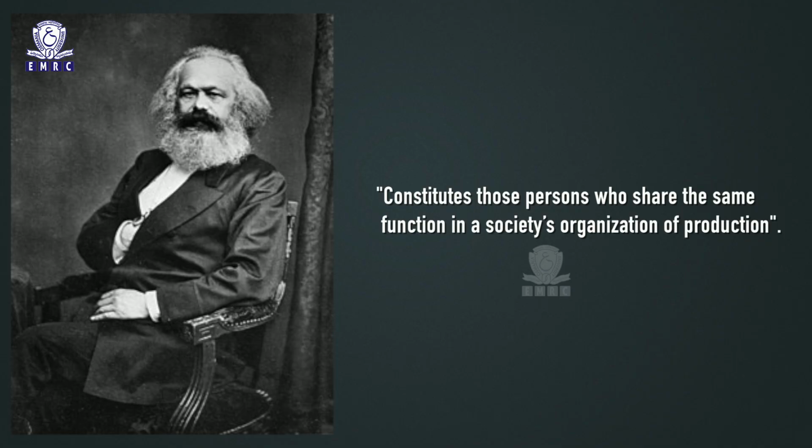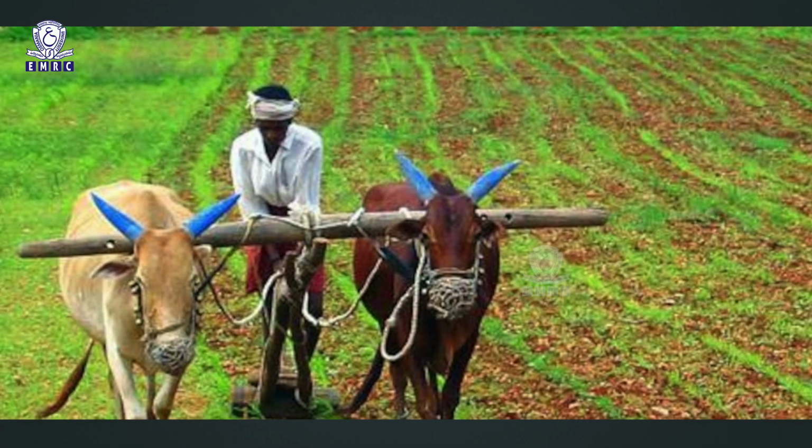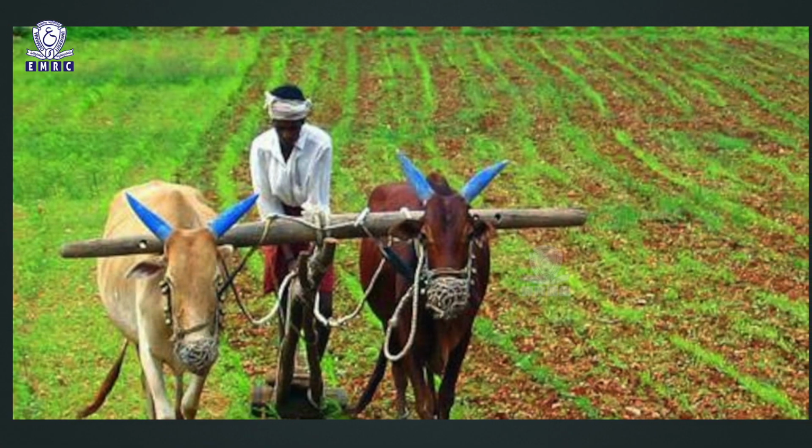A social class constitutes those persons who share the same function in a society's organization of production. For example, landlords are the owners of agricultural land, and the agricultural workers do not own any property. They earn their daily bread by working for the landlord. Similarly, industries are owned by the capitalists and they employ workers to carry on the production of goods.